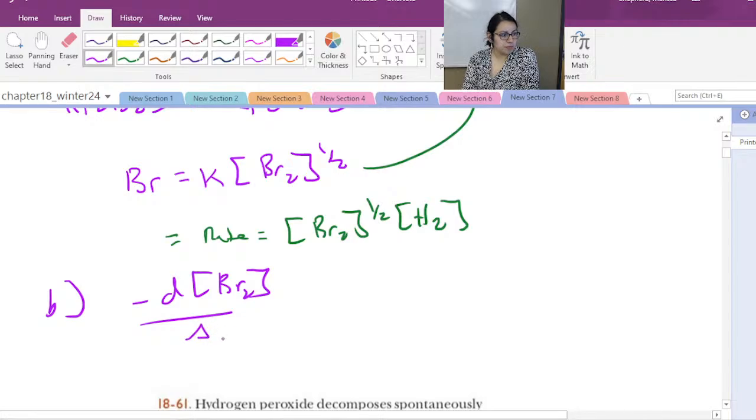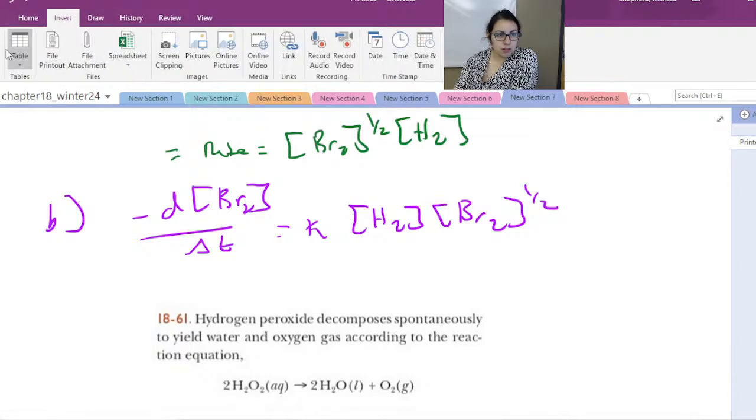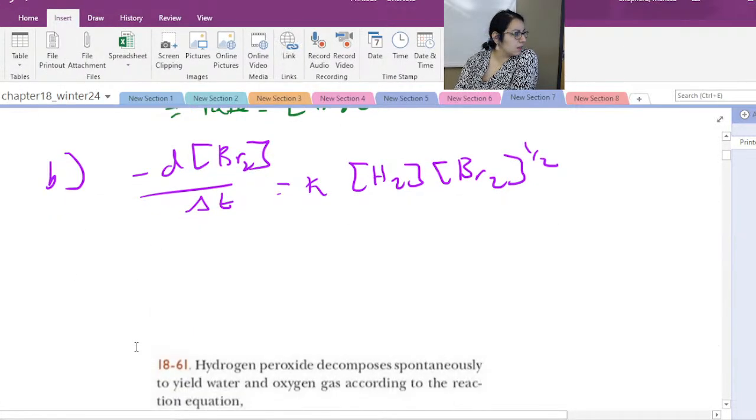over time. And so we said that's equal to, I'm just rewriting our rate constant. And so then what do the units of K have to be to cancel out? We need to get rate in molarity per second.